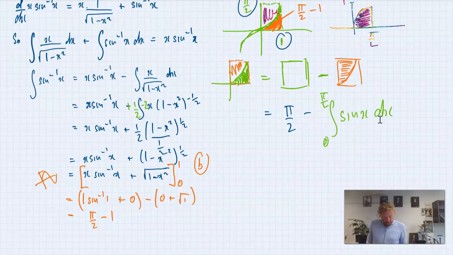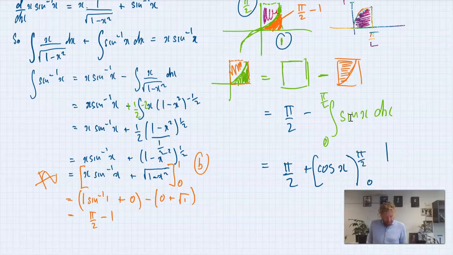So I get pi on 2 minus cos x, from pi on 2 to 0. Cos of pi on 2 is 0, equals pi on 2 plus 0. Cos of 0 is 1. So I get that minus 1, which equals pi on 2 minus 1.